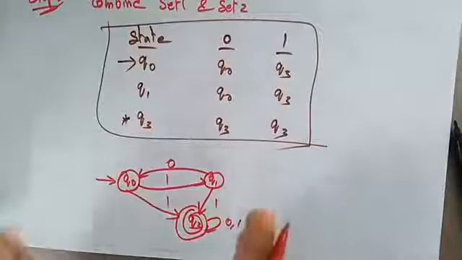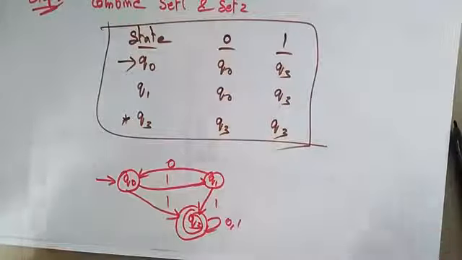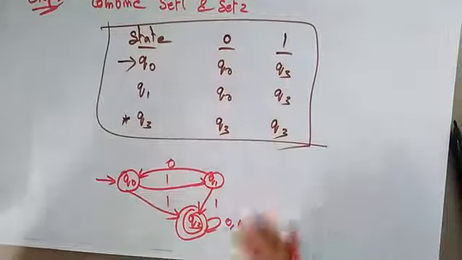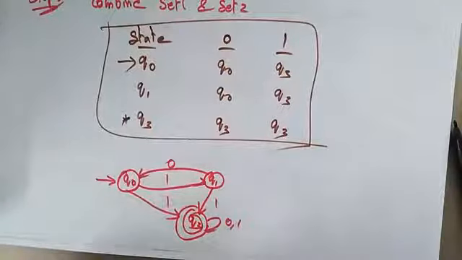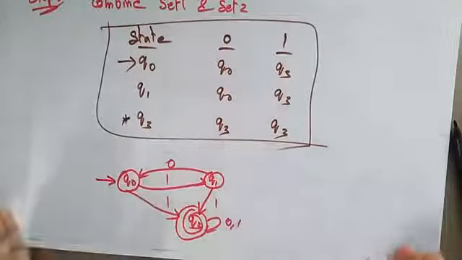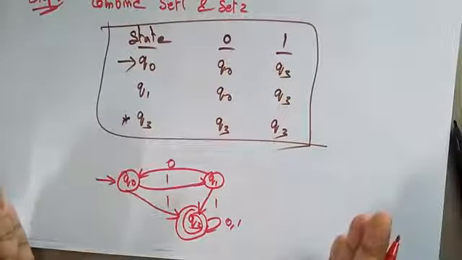The things that you have to remember: the first step is to remove the unreachable states, which are not reachable from the initial state, from the transition diagram. After removing the unreachable states, draw the transition table. After drawing the transition table, split it into 2 tables, one containing non-final states and another containing final states.